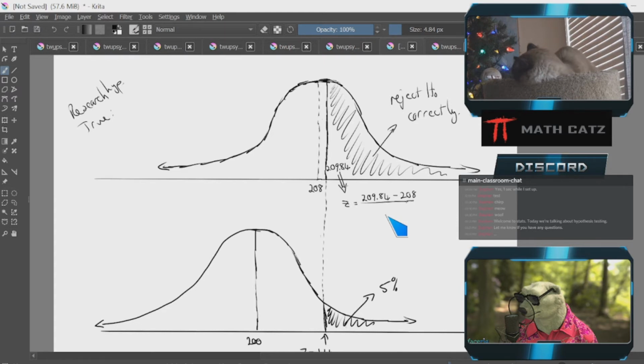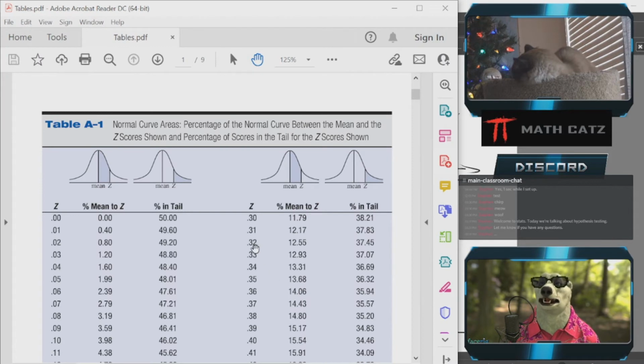And we will get 0.31. Because it's really close, right? It's just past this mean. So it makes sense that it's super small, 0.31 only. So let's see what this area is for a z-score of 0.31. I have my table open over here. Percentage in the tail is what I'm looking for.